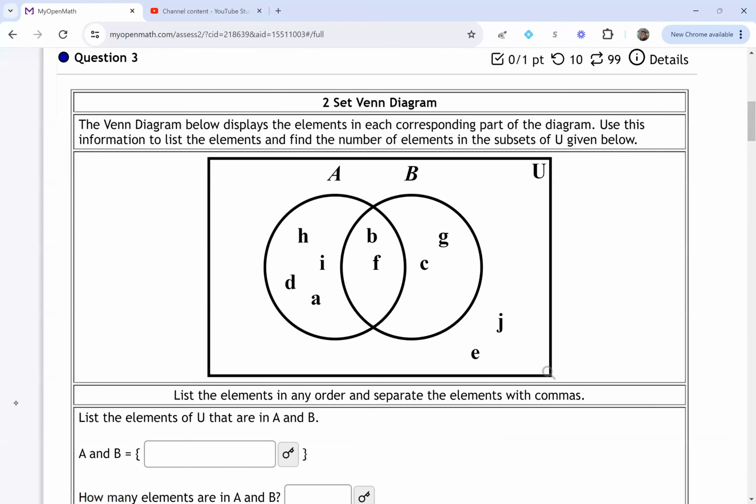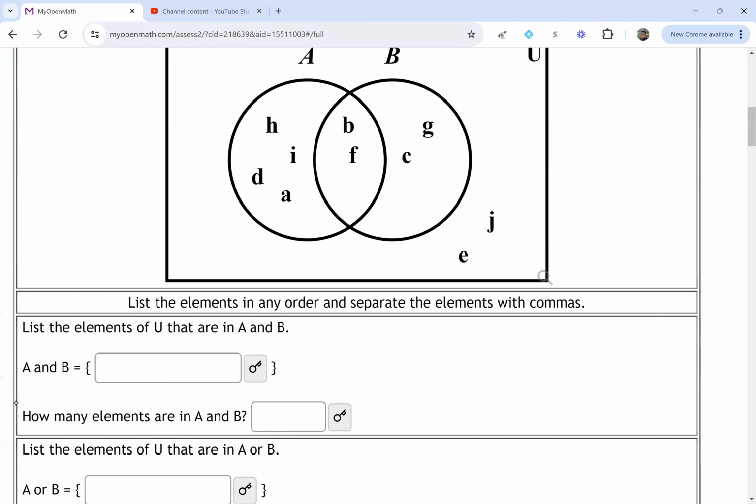All right. So question A says, list the elements in U that are in A and in B, okay? So we want to think about which elements are in A and B. Now, those would be the ones we circled in the blue and the red, okay?